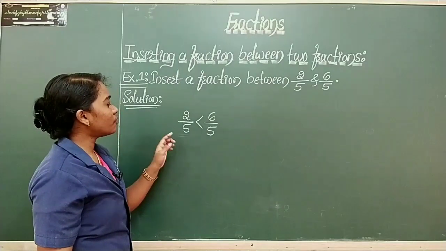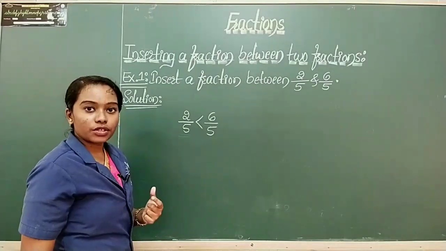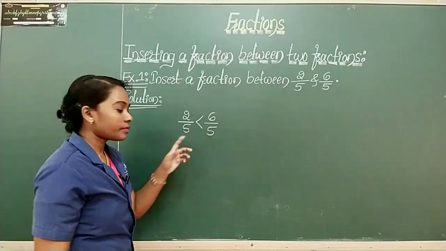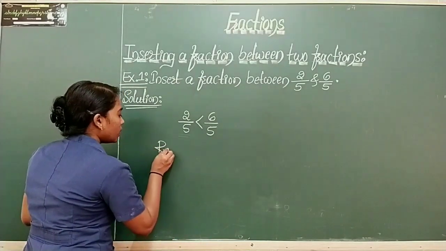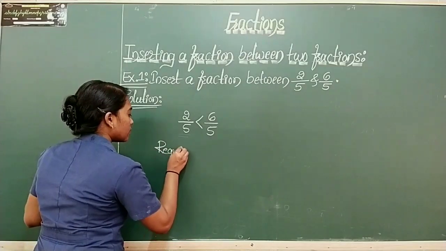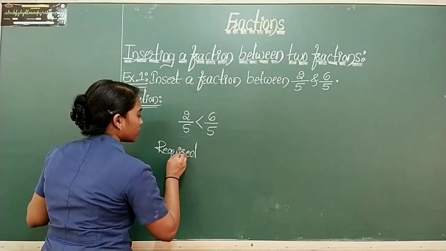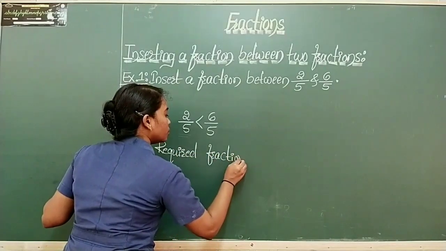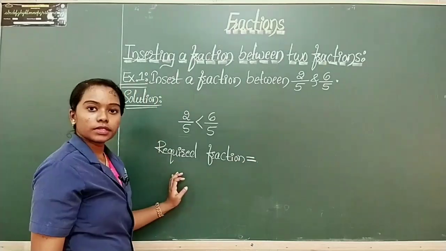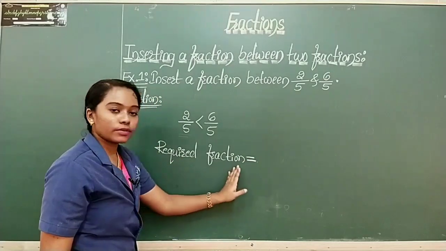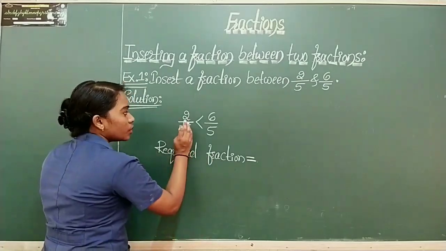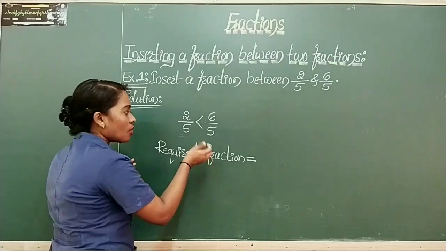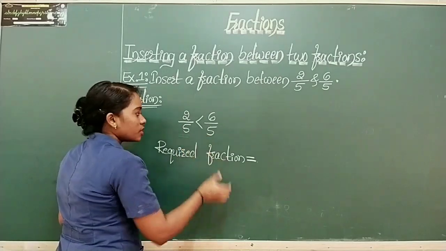After that, you have to find a required fraction which we have to insert in between them. Therefore, the required fraction is equal to, to find the required fraction, you have to add the numerators of these fractions.